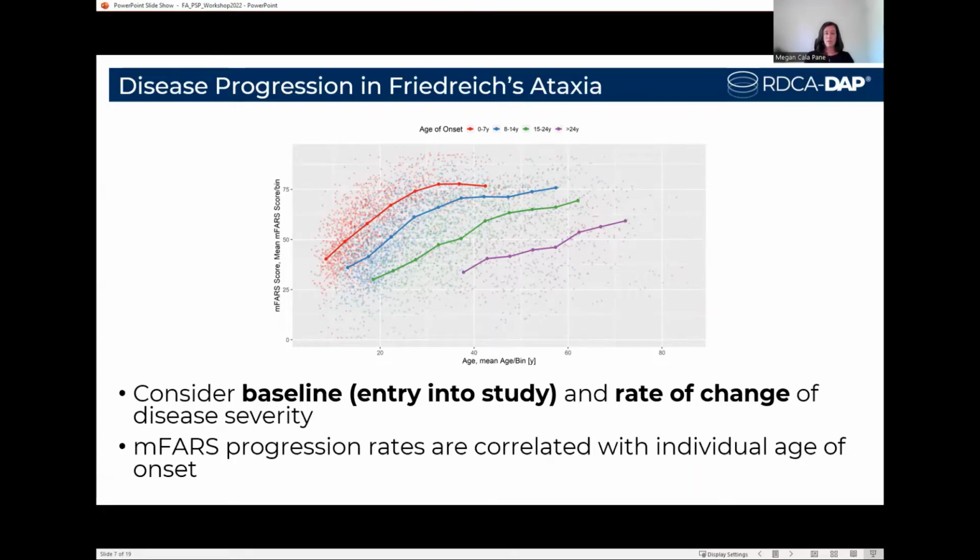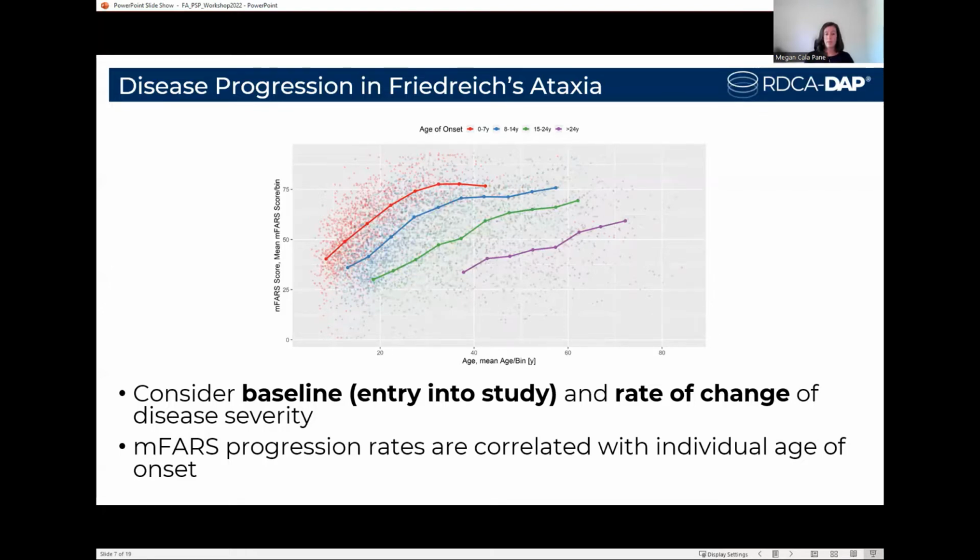And in doing so, different subgroups can be categorized to identify that later age of onset groups have a milder and more linear increase over all of the observed age ranges. And in general, a faster rate of progression in mFARS correlates with earlier age of onset.